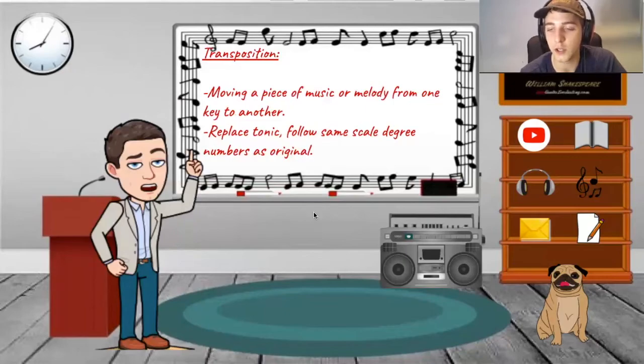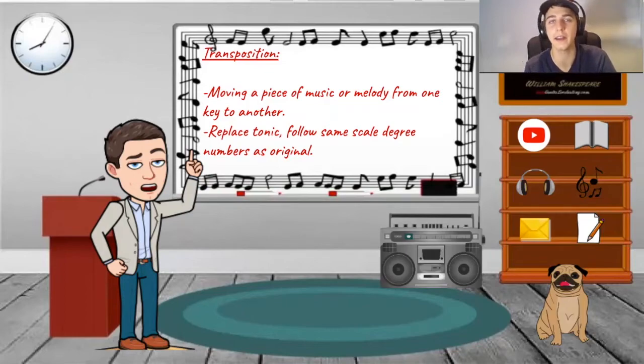All right, transposition. So transposing a piece of music means we're taking it from one key that it's originally written in and moving it to a different key. And we do that by replacing the tonic of that key with the tonic of another key.